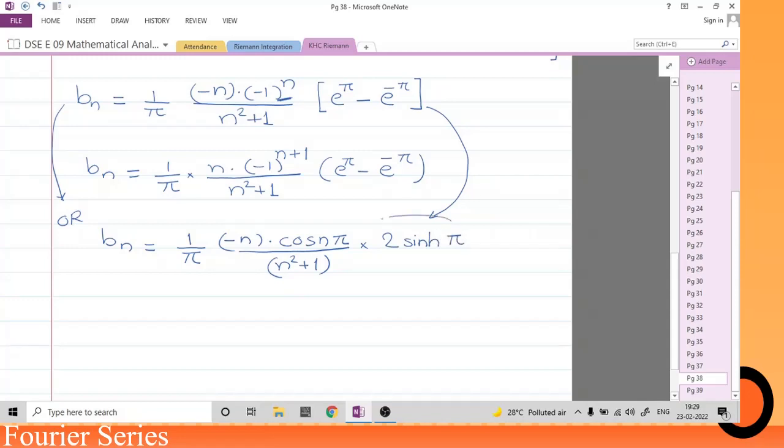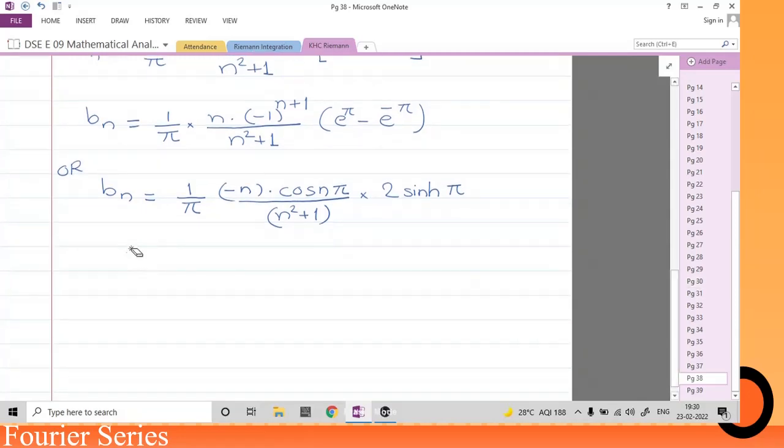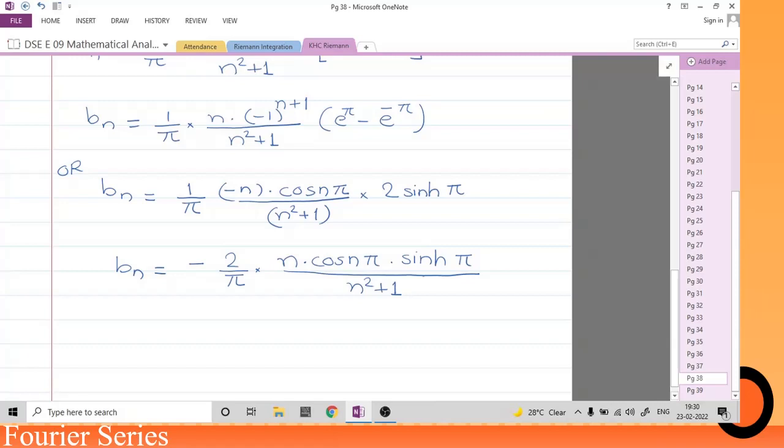Now this part is familiar to you. Just we write the terms in a proper way. Negative sign, then this constant 2, 1 upon pi, so it becomes minus 2 by pi, and the remaining terms are n into cos n pi into sine hyperbolic pi and the denominator. Yes, this is the value for Bn.